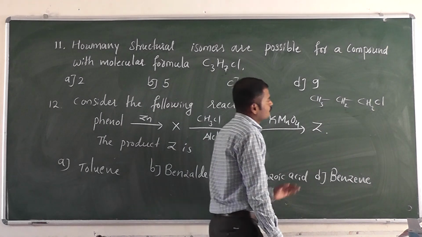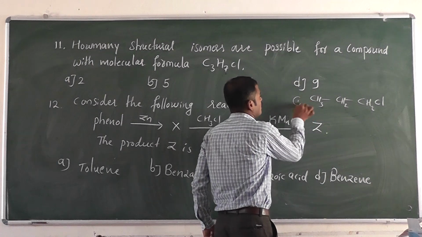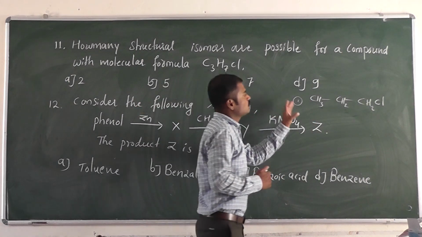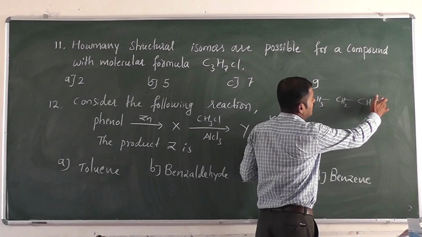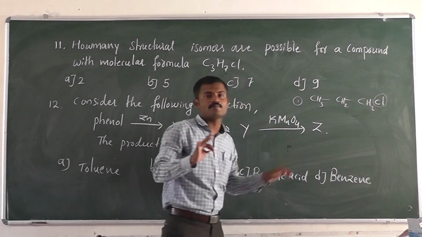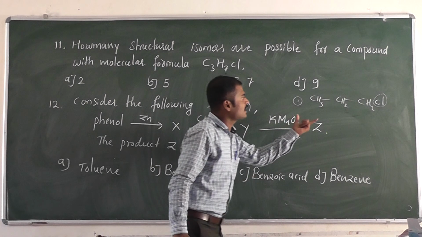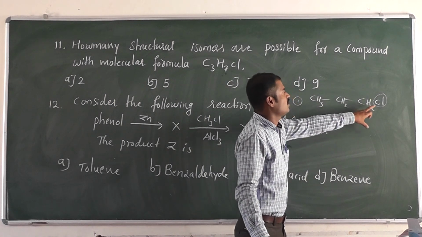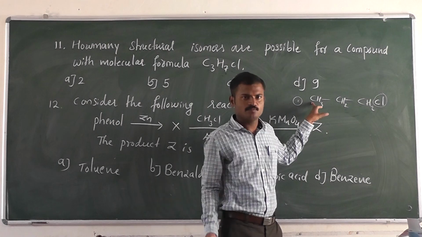You can also write another structure: there is a possibility to write this chlorine atom on the second carbon. I have written Cl on the last carbon, or it may be on the first carbon. Both are the same.